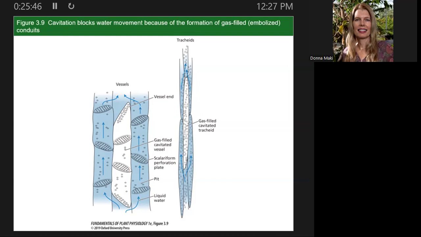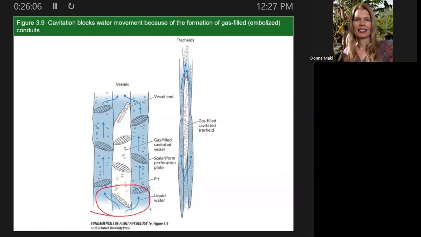And what they're trying to show here is now you've interrupted that column of water. So if you look down here, they're showing how the water needs to reroute. Water can't go through that air bubble. It won't go. It's stuck. So it's rerouting.